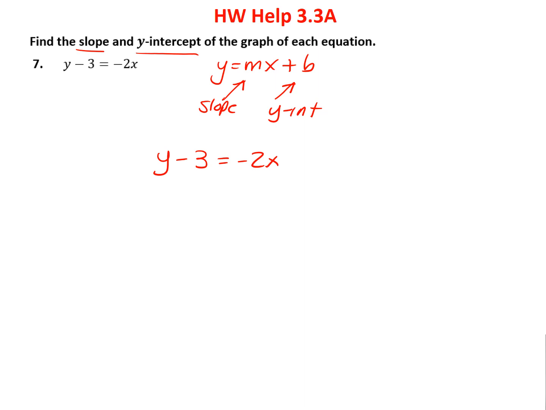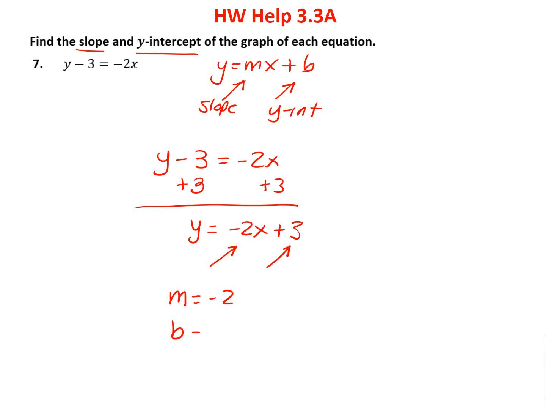We have to solve for y. So our first step is to undo the minus 3 by adding 3 to both sides. And now we get y equals minus 2x plus 3. So our slope is right here. So slope is minus 2. And our y-intercept is right there. b is going to be 3. And that's our answer.